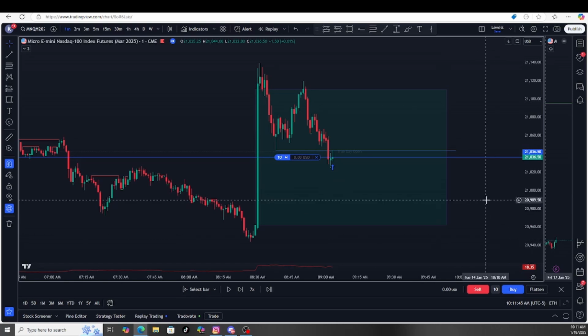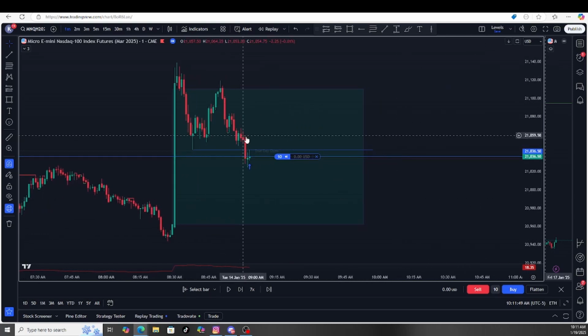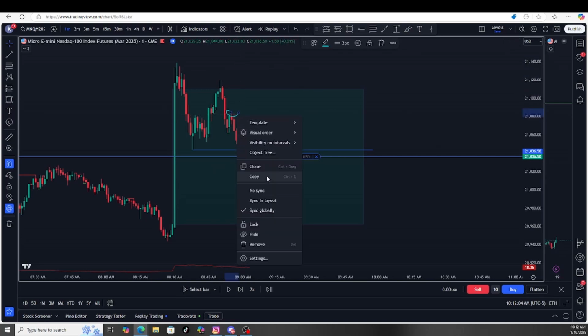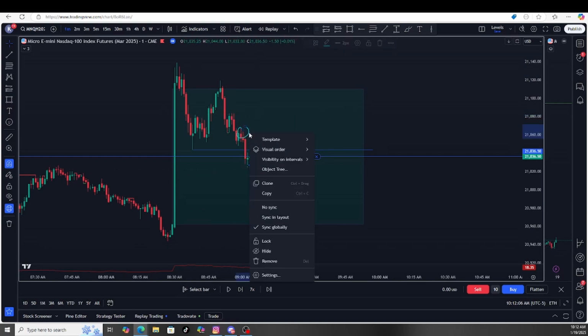We'll grab 10. You can trade this different ways. You can trade it to liquidity points, here, here, and here if you want. It doesn't really matter, but find the best way to trade it. I'll show you. It's usually just going for fib levels.